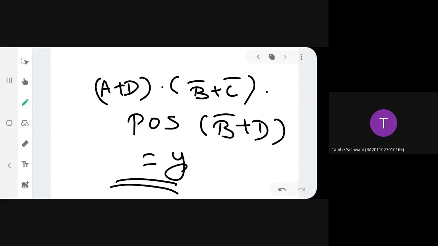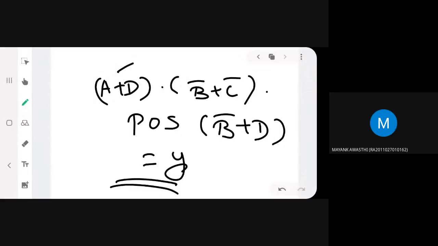So what are the possible gates that you are to use? How many inputs are there? A, B, C, D, 4 inputs. So what gate combinations do you need to realize this? OR gate and AND gate. How many gates? Here you want OR gate, and 3. Summing operation, AND gate or OR gate? OR gate.